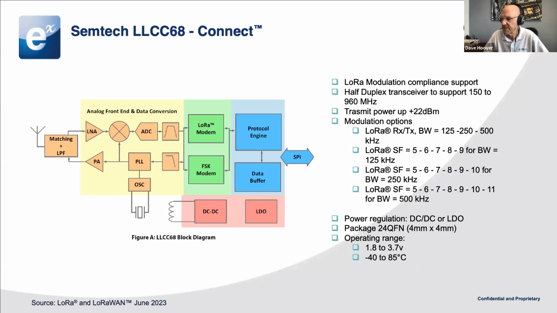And then the LLCC68, as I mentioned, if taking it from the bottom, almost everything's similar on this. It's, again, that 4 millimeter by 4 millimeter QFN package. Everything else is pretty similar. It's got that transmit power up to 22 dBm, so similar to the 1262, but it's got a reduced number of possible spreading factors and bandwidths associated with it. So more of a limited application type of thing.